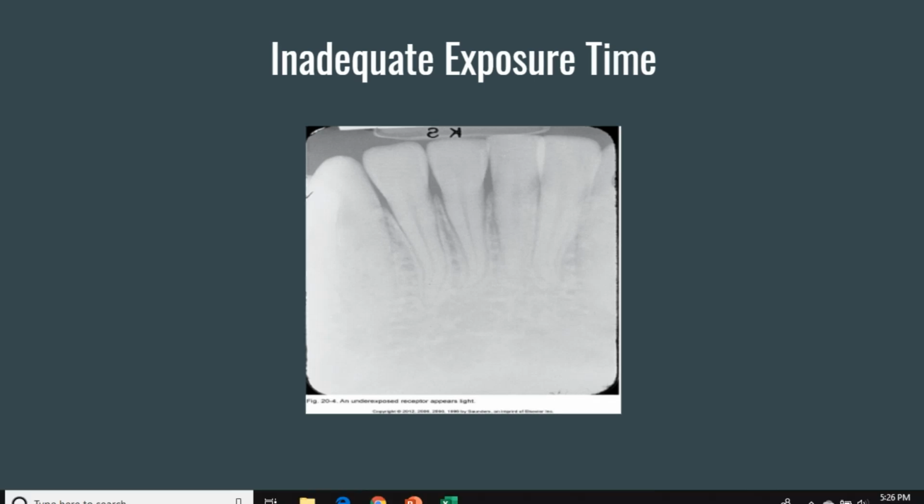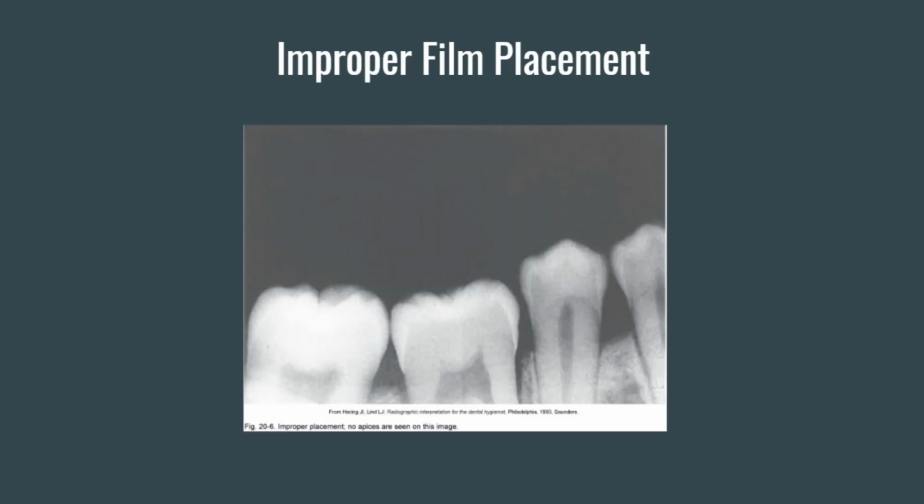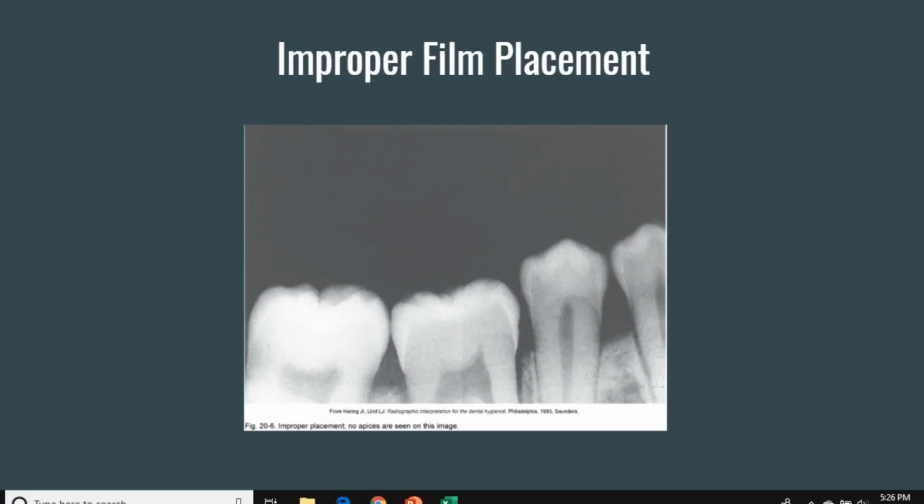Moving on to our technique errors. Film placement is very, very important. No matter what technique you're using, film placement is very important. For this particular film, the apex is missing. This is a periapical, but there's no apical portion of the periapical.